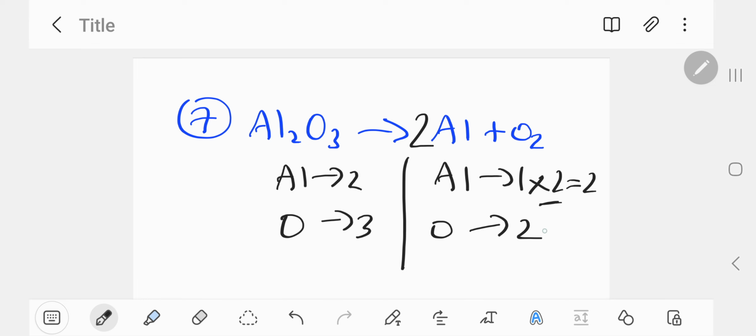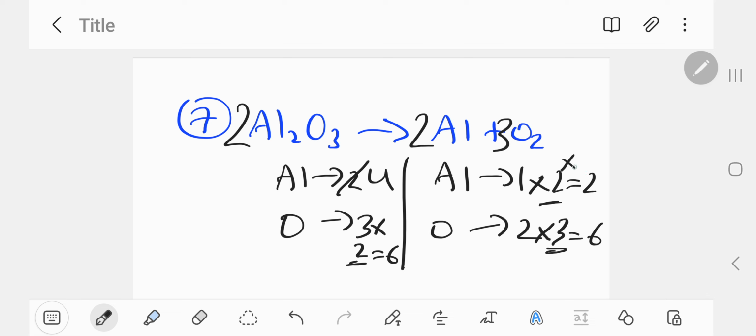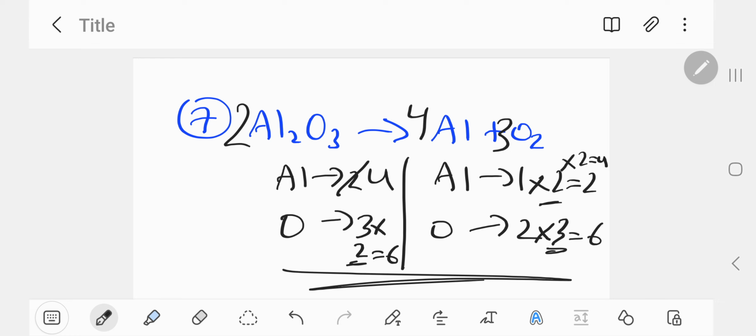And let's find something common between these, which is 6. Let's put a 3 out the front here. Times it by 2 to get 6. Put the 2 out the front. Now there's 4 aluminium. Turn that into a 4 by timesing by 2 to get 4. And put a 4 there. And that fixes it. So that's how I do these questions.